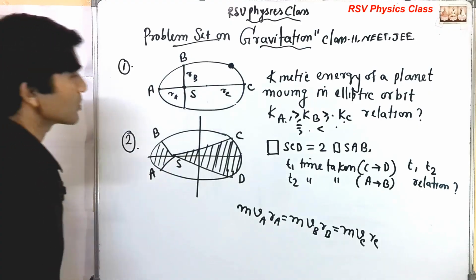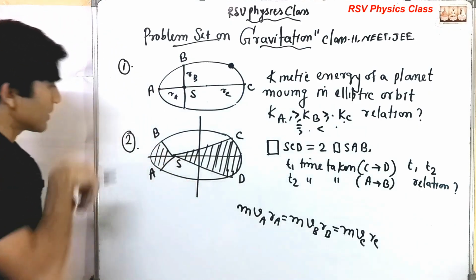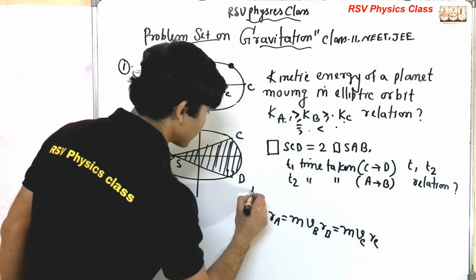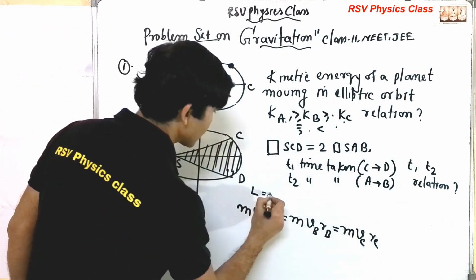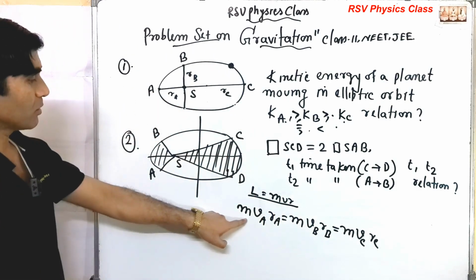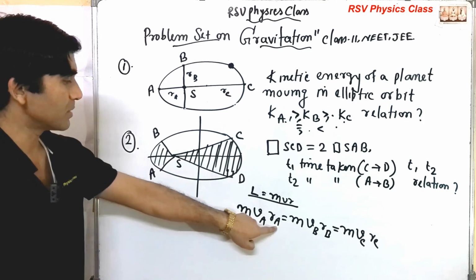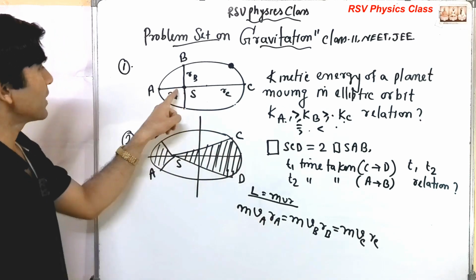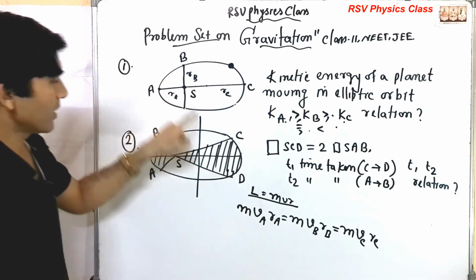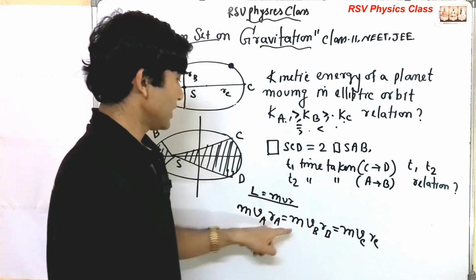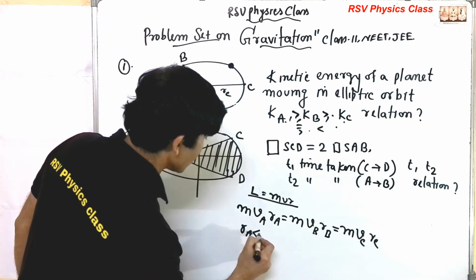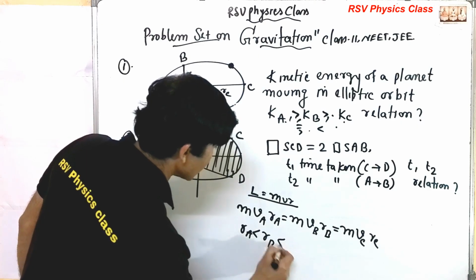From this constant areal velocity comes angular momentum mvr being conserved. Now angular momentum and m are constant, and ra is very small, then rb, then rc.